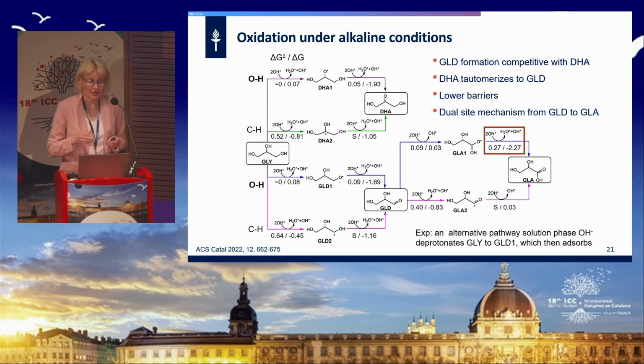So it doesn't matter if we form DHA, it can tautomerize to GLD, which can then react to the acid. And the reactivity is much higher now, due to the fact that the OH group on the surface actively participates in the reactions. It stabilizes the species and lowers the activation energies.